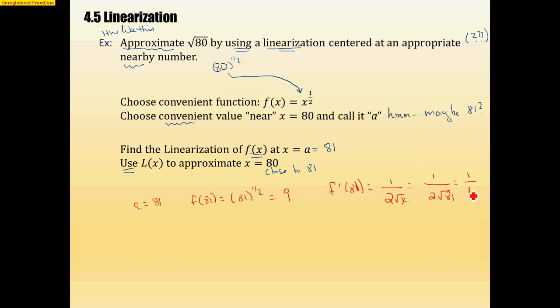Now let me write the linearization of the square root function centered at 81 is f of a, 9, plus f prime at a, x minus a. And what am I going to plug in there?